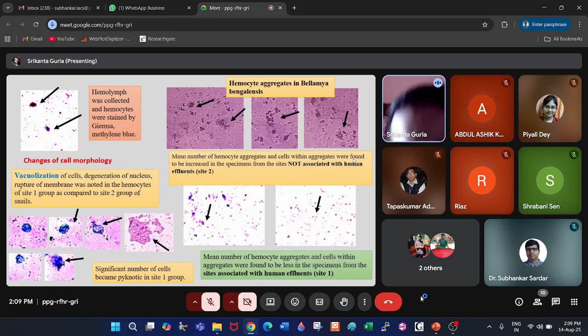And the lower portion is the habitat that is completely interfered with by human effluent and pollution. There is no aggregation.